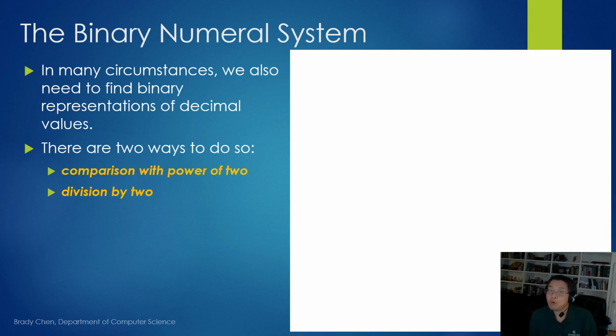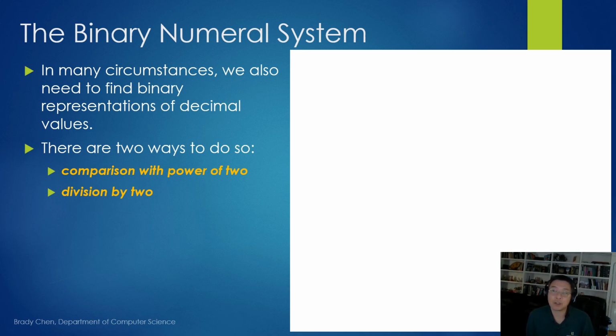Now the next question we have is, if you're given a decimal number, can we actually convert it into a binary representation? That's an interesting question, right? Now the answer is yes. And actually there are 2 ways to do so. One is called comparison with power of 2.